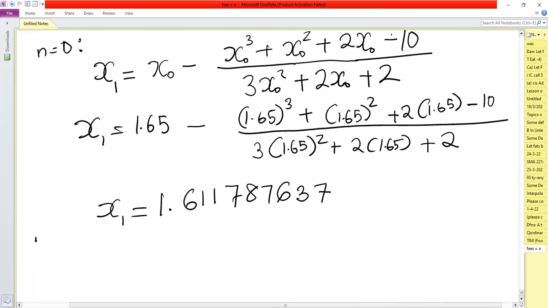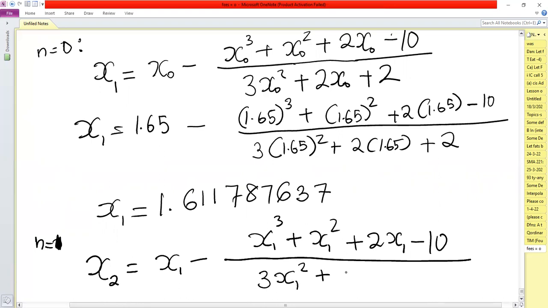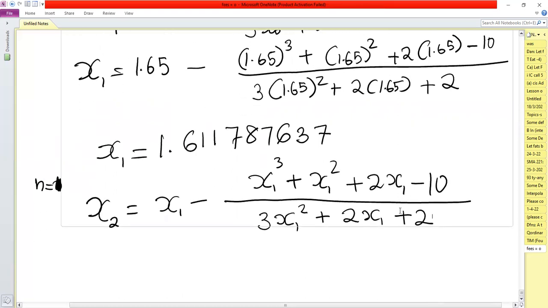And then when n is 1, we get the next iteration. So we'll have x2 given by x1 minus x1 cubed plus x1 squared plus 2x1 minus 10, divided by 3x1 squared plus 2x1 plus 2. This is the formula. Now, for the answer you get for x1, you don't have to delete it from your calculator.